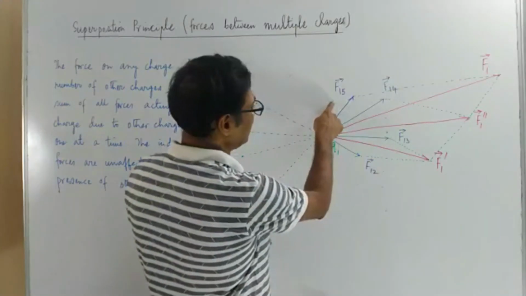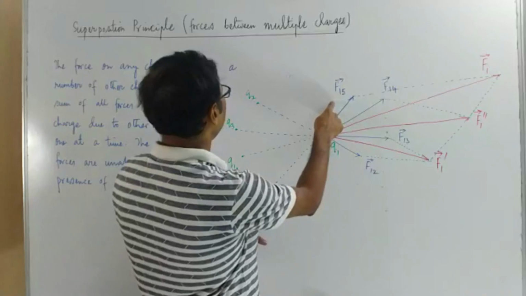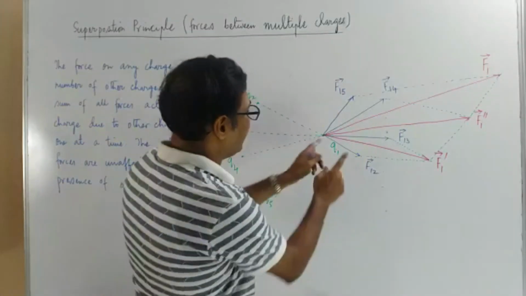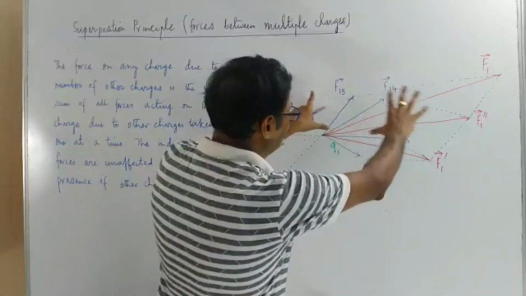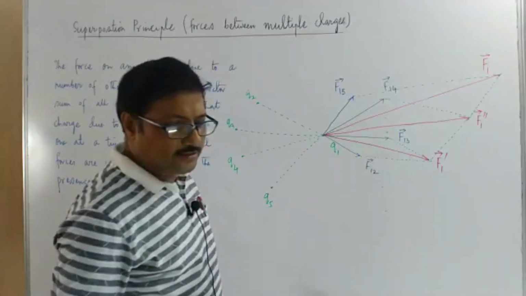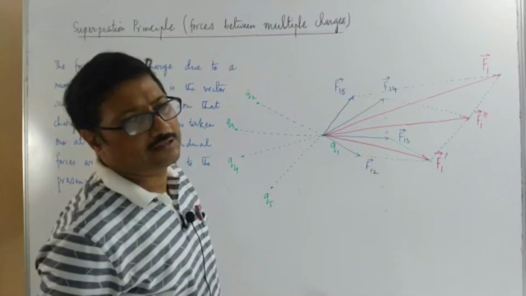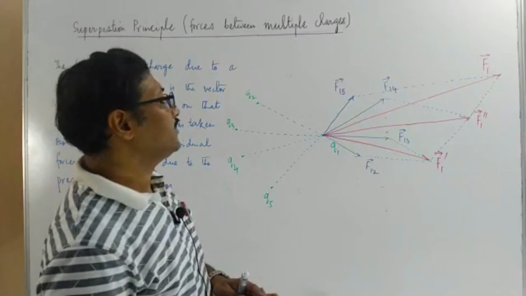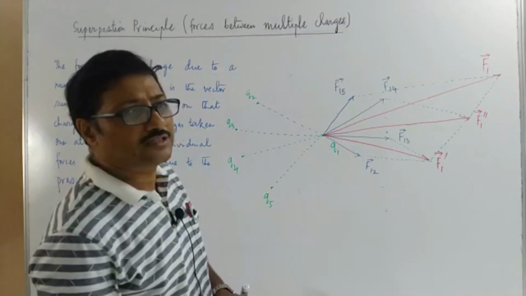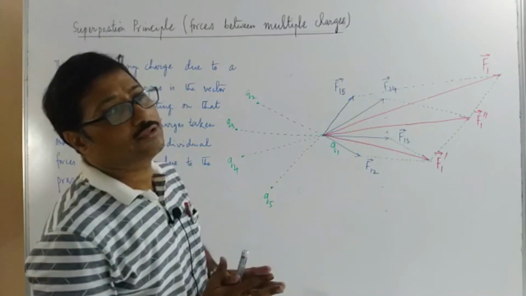When I am considering F15, then effect of Q2, Q3, Q4 can be neglected. And finally, when I have all forces, all individual forces, I consider vector addition of all these forces. So this is what principle of superposition of electric forces is all about. Thank you.